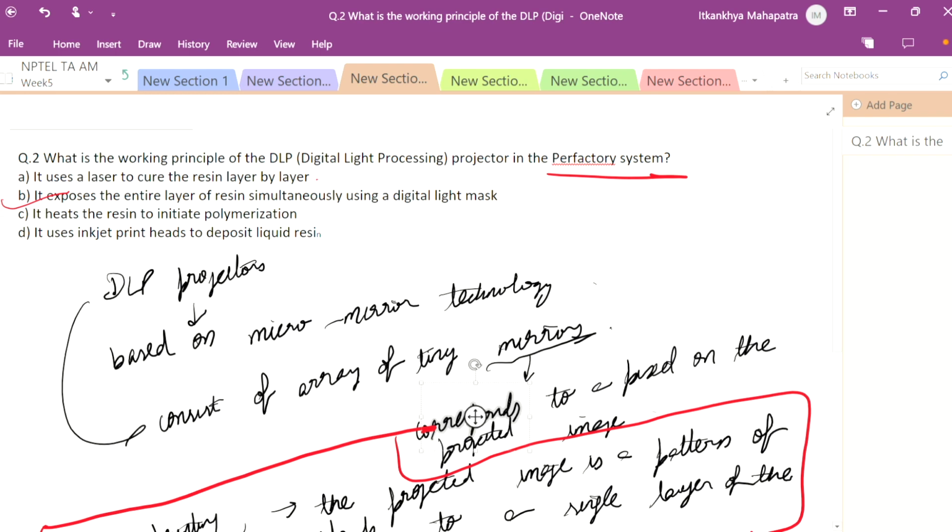This is a common technique in SLA, stereolithography 3D printers, but it's not the working principle of a DLP projector. Heating the resin to initiate photopolymerization is not a typical approach in DLP based 3D printers like the Perfactory system. Inkjet print heads to deposit liquid resin is a method used in PolyJet printing.